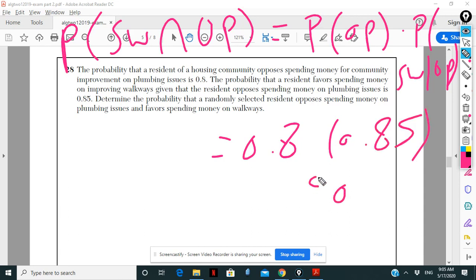That's 0.68. So that's the probability at the end.